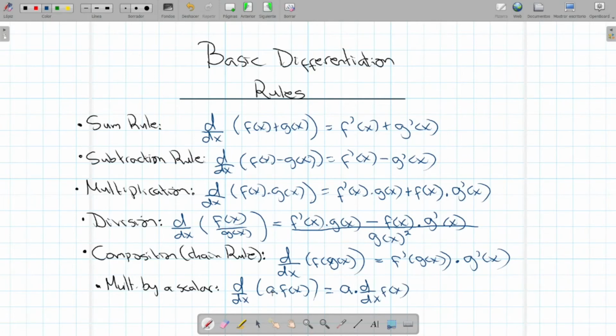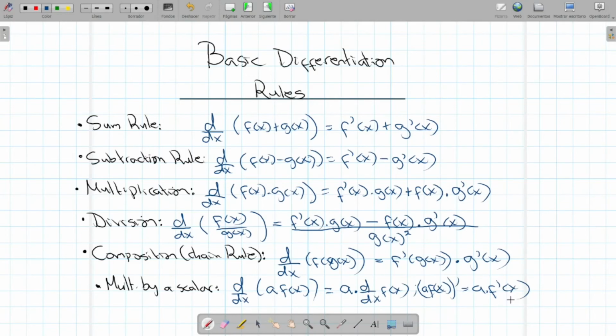It's as if the number could be extracted from the derivative. Written in another form, a times the derivative of f(x) is a times f prime of x. So the number can be extracted from the derivative when it's multiplying, and we can leave it multiplying and do the derivative of the function.